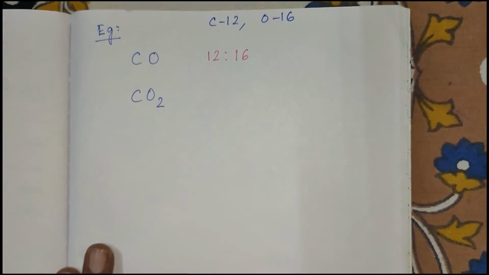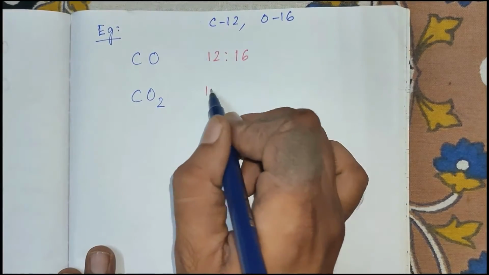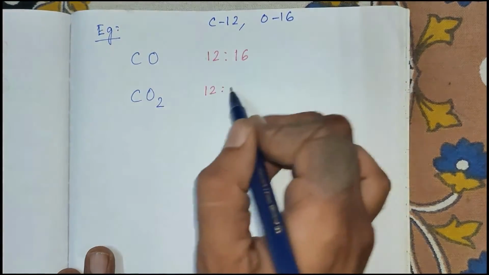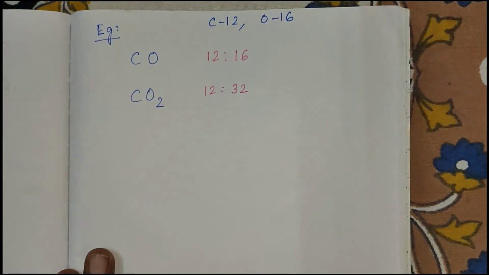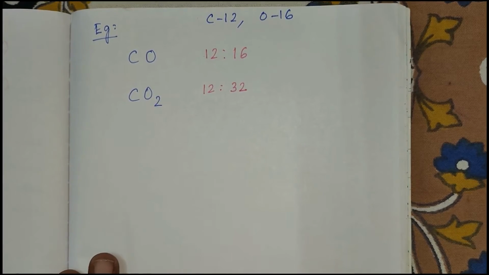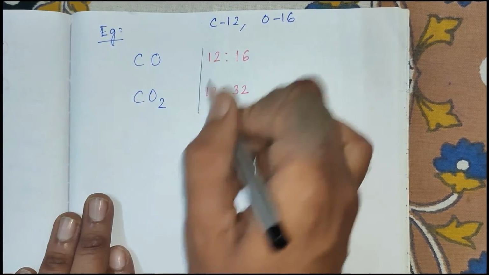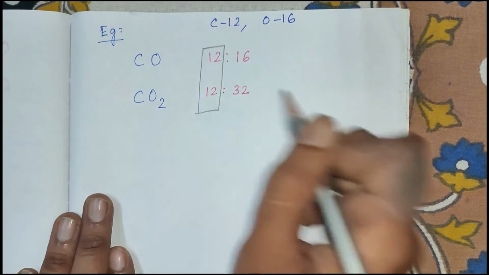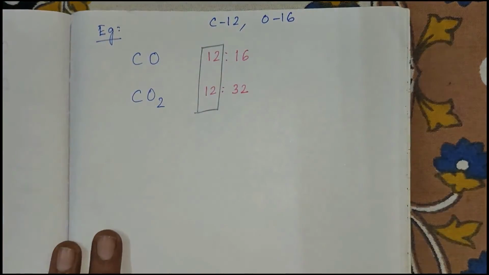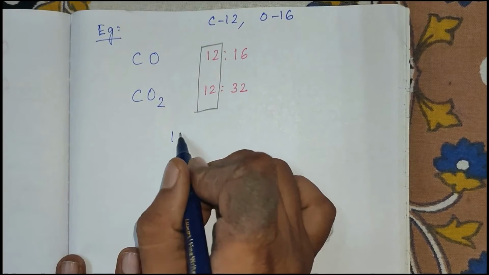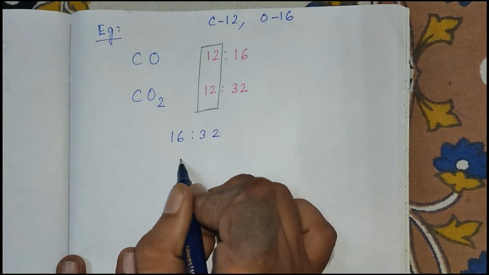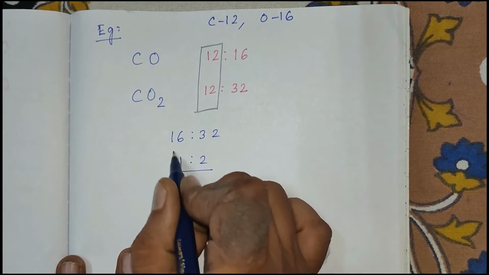In the second case, it is going to be 12, and oxygen is 2, so 2 into 16 is 32. Now I am going to fix this ratio and look at the other ratio. Now the ratio of oxygen is 1 is to 2. Now this looks like a simple ratio, right?